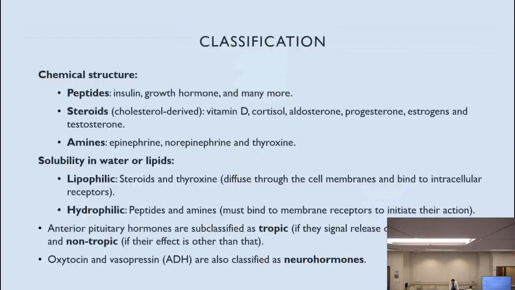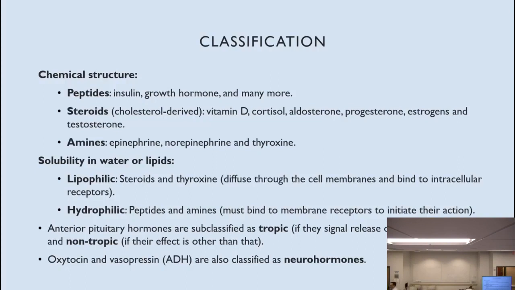Now here we have the classification of the hormones. We have a classification depending on the chemical structure, a classification depending on if they are soluble in water or lipids, and we also have the classification into tropic and non-tropic, and we have examples of neurohormones, besides the one that we mentioned before, the epinephrine.